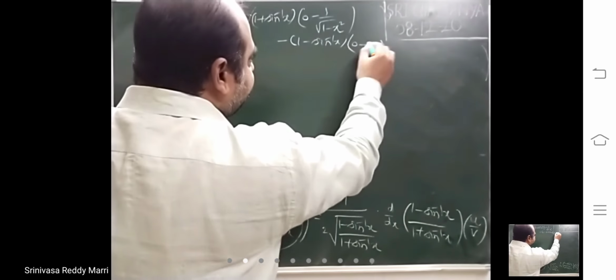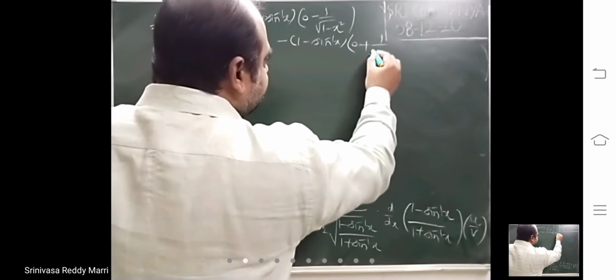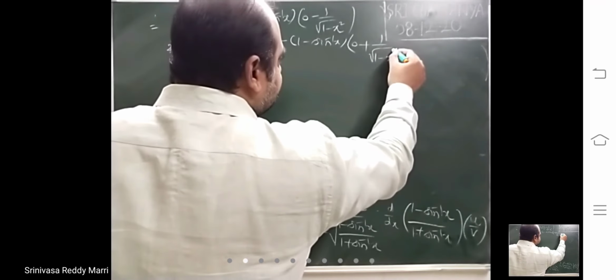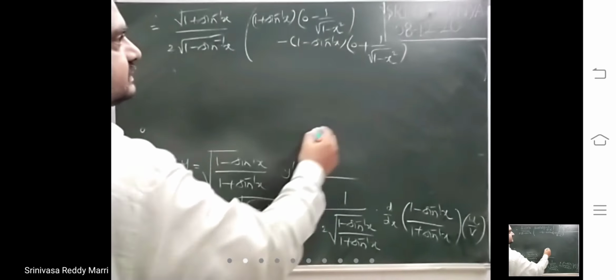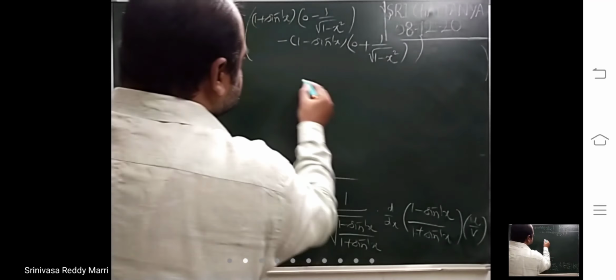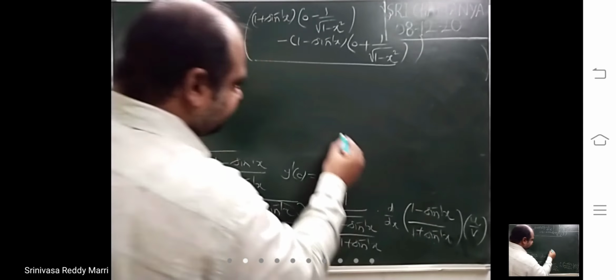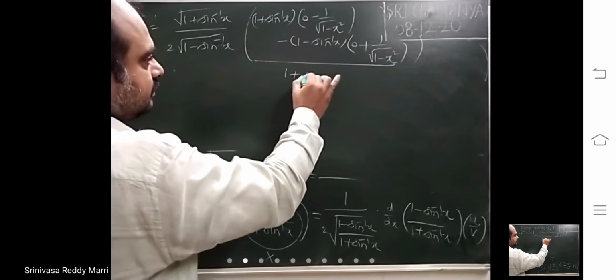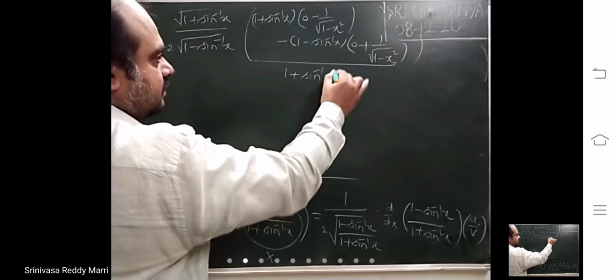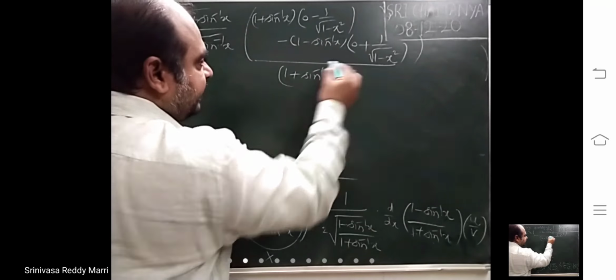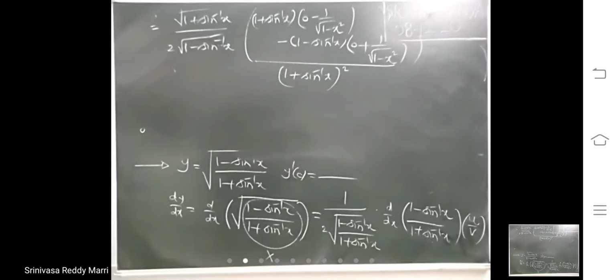The derivative of 1 is 0, and the derivative of sine inverse is this. So the whole is divided by v square. So this is the final derivative.